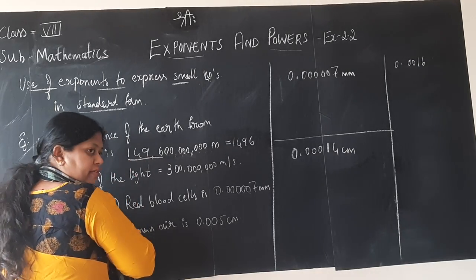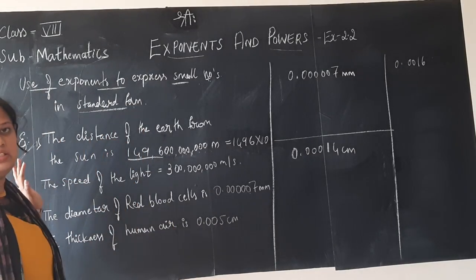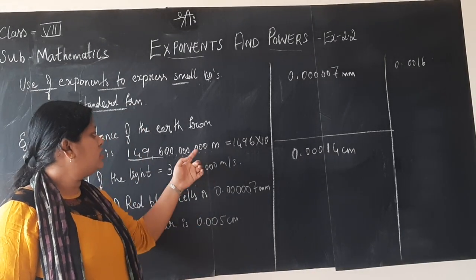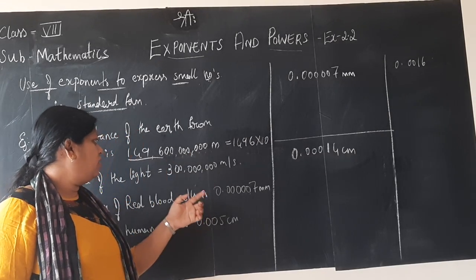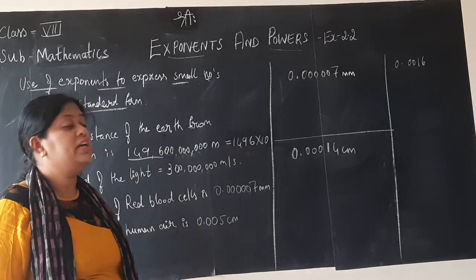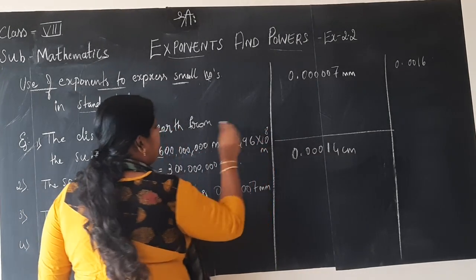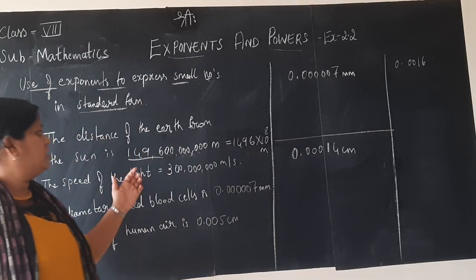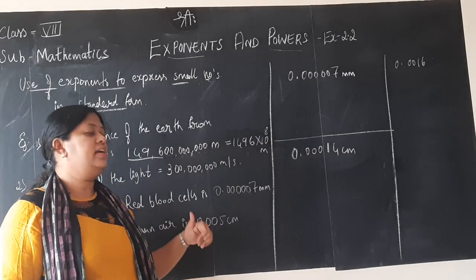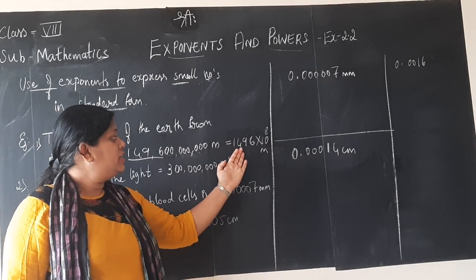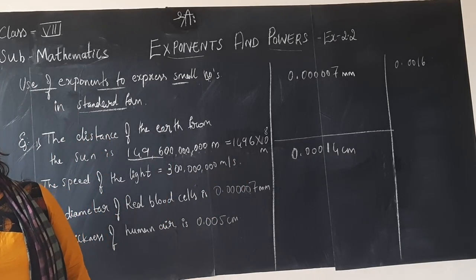So you write whatever the number is into 10 to the power, always the base is 10. Why? Because you are counting the number of zeros. You counted the number of zeros, 8 zeros we got, with the meter unit as it is. Expressing some millions of kilometer distance in meters is difficult, but to express it as 1496 into 10 to the power 8 meter is very easy, children.